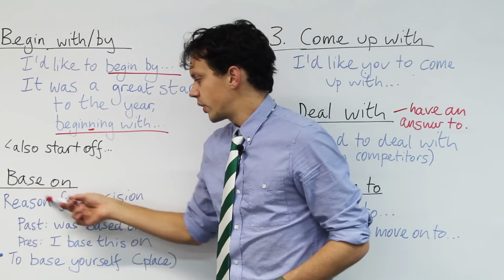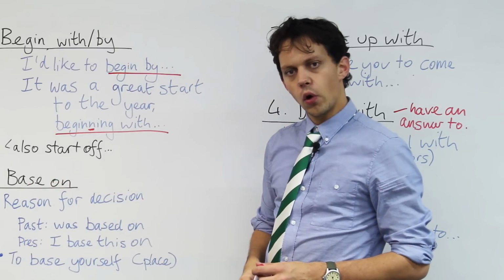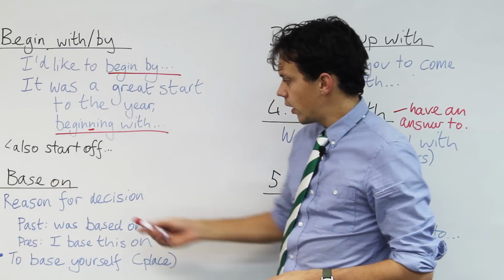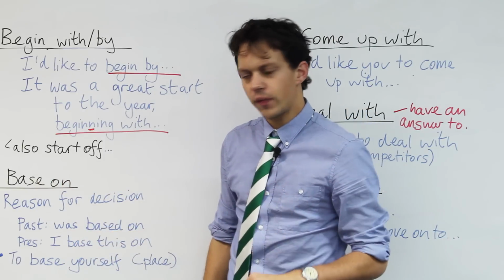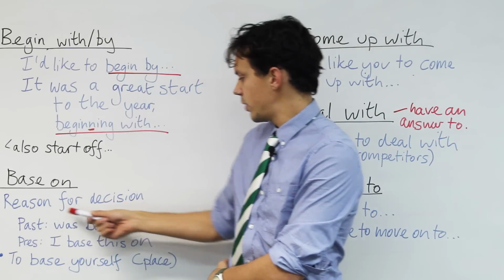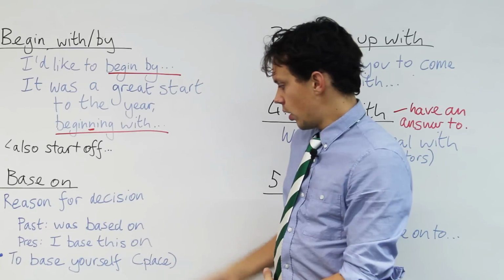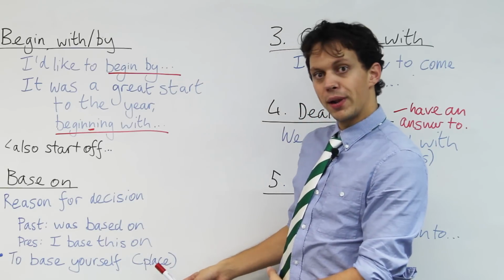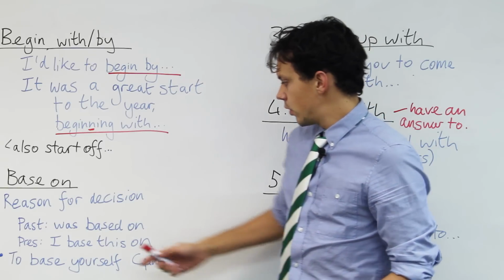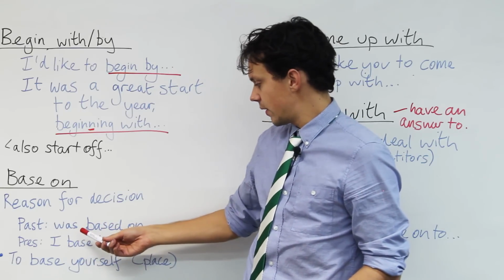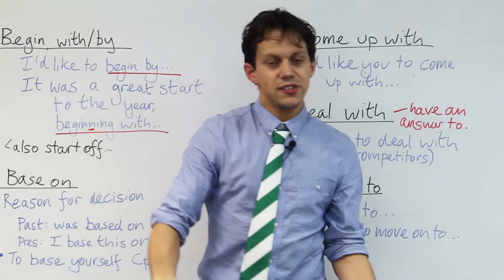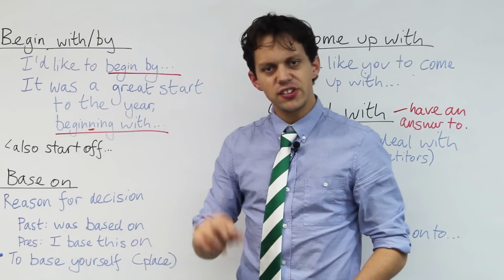The next phrase I want to come on to, base on. Now, base as a verb has two different functions, okay? It can be the reason for a decision, or it can be to do with place. So, if I'm using it in the past, I would say, this was a decision based on.